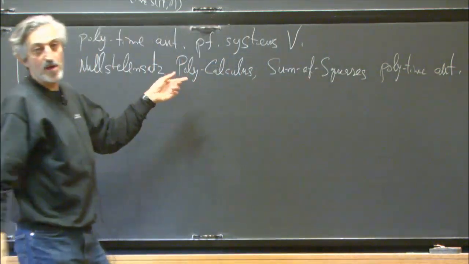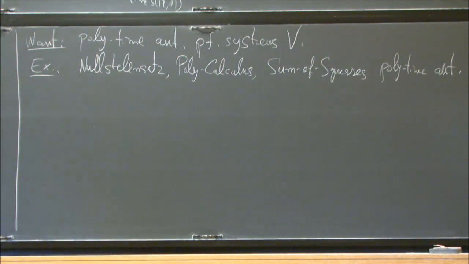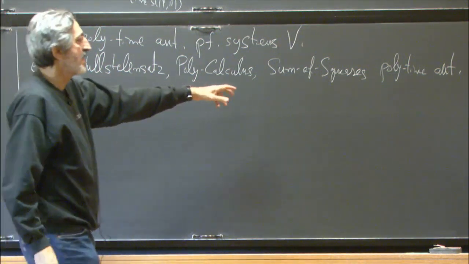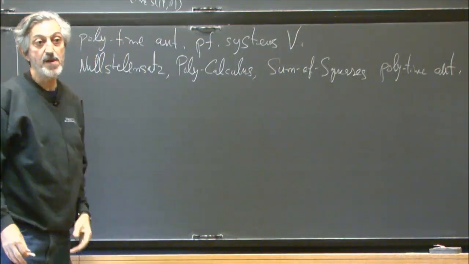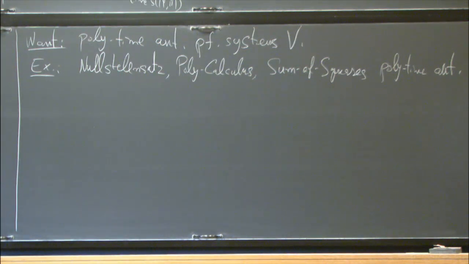The first two follow just because of linear algebra, since solving a system of linear equations is in polynomial time, and the last one, sum of squares, follows because semi-definite programs are solvable in polynomial time.